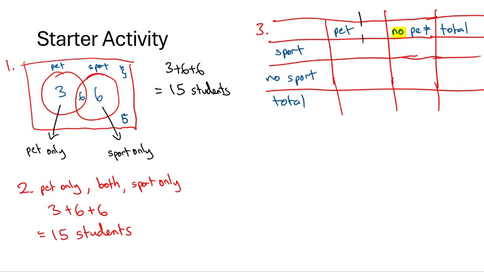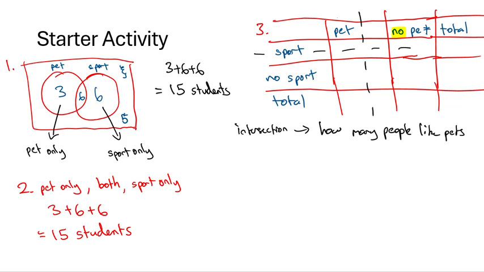Now, what you're going to do is pretty much draw invisible lines, and you're going to look at the intersection. Okay, think about the intersection like this: how many people like pets, or how many people have interest in sport and pets.